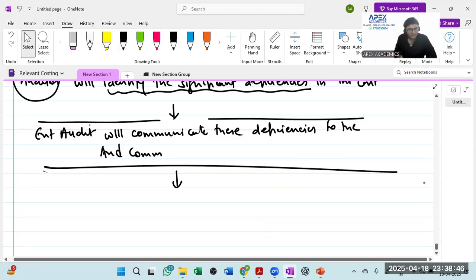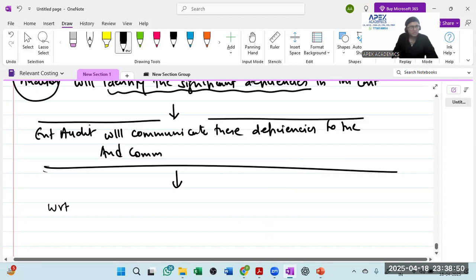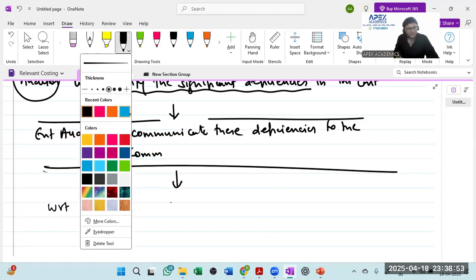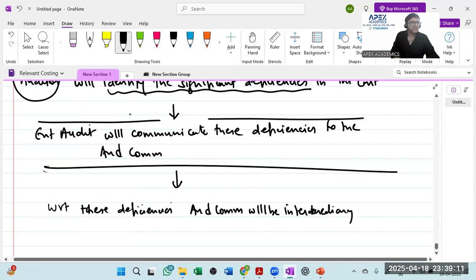With respect to these deficiencies, the audit committee will be an intermediary. Meaning, when the auditor says that there are some deficiencies, management, you have to take this or that into consideration, management will argue that there are no deficiencies.